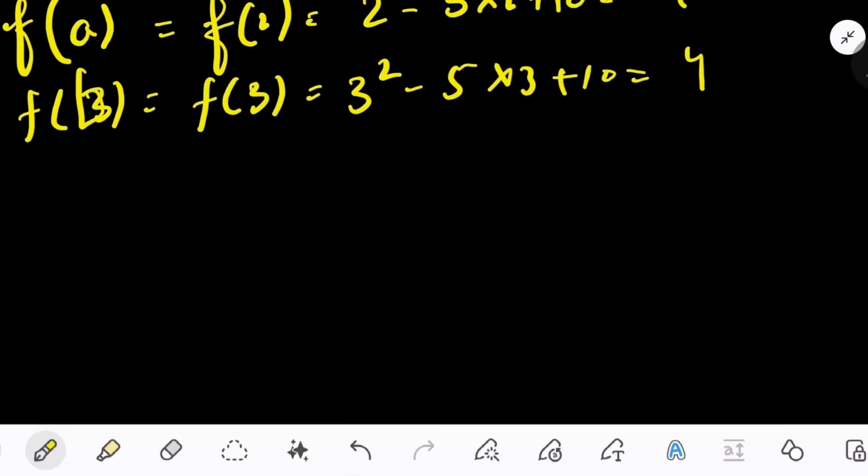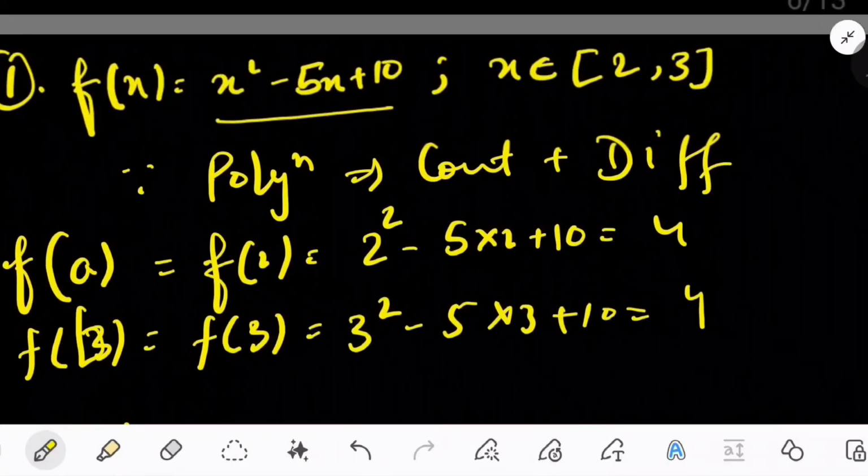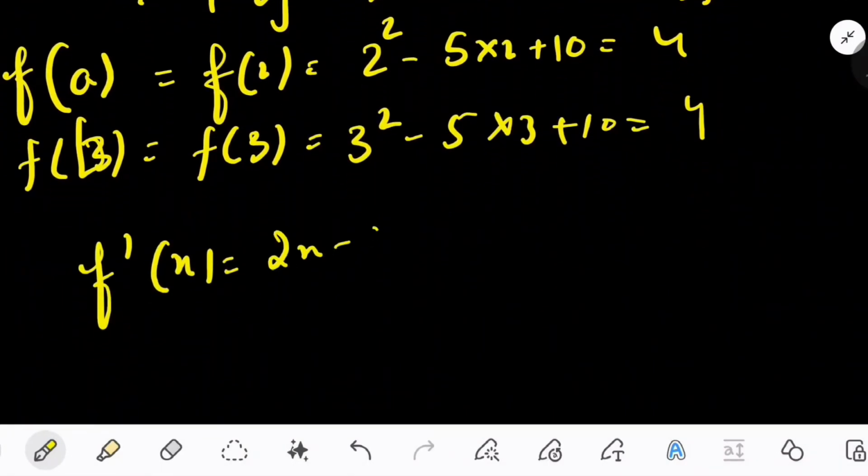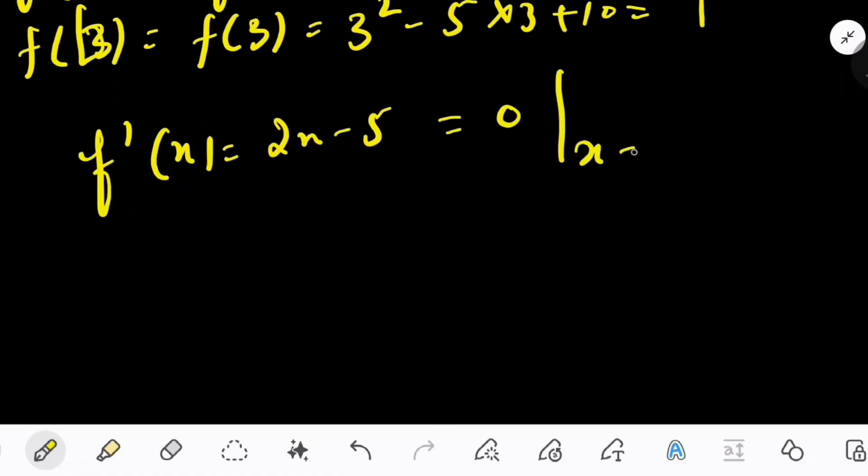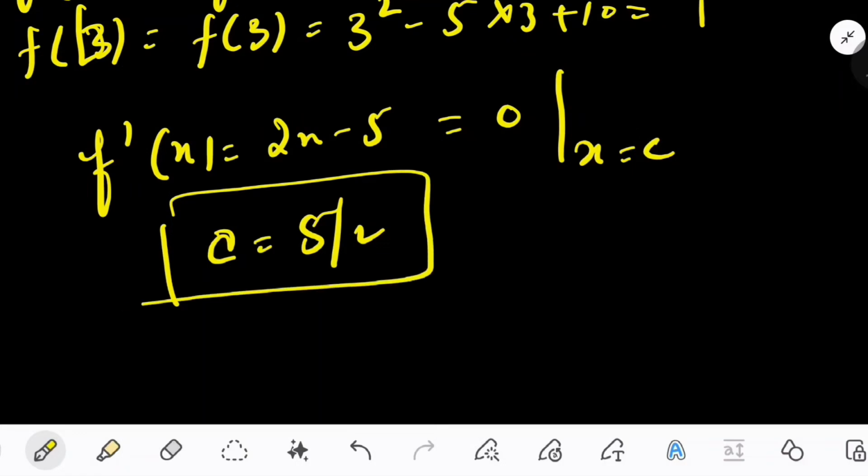So there must be a point that exists, right? In that case, f dash of x is equal to what? It will be 2x minus 5, right? 2x minus 5 is equal to 0, and evaluate it at x is equal to c. So you get c is equal to 5 by 2, right?